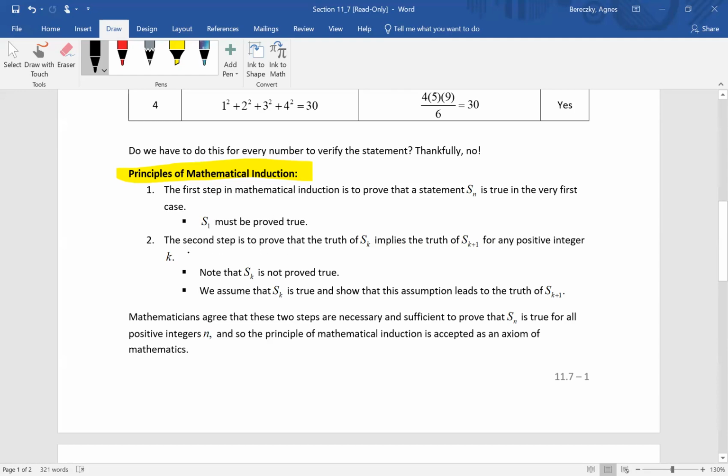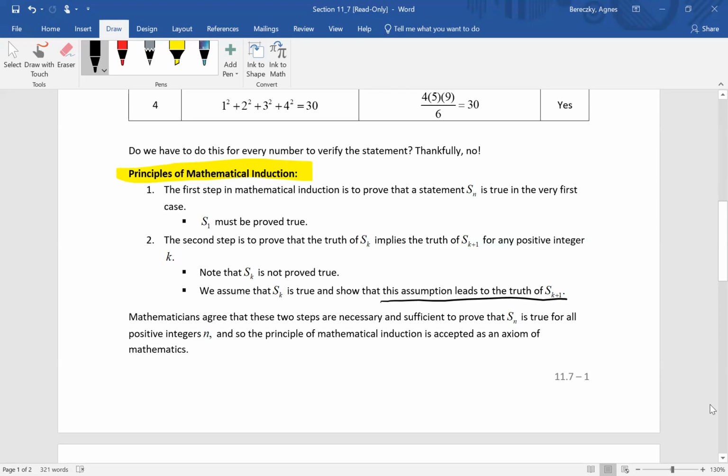That is true. The second step is to prove that the truth of Sk implies the truth of Sk plus 1 for any positive integer k. Note that Sk is not proved true. We assume that Sk is true and show that this assumption leads to the truth of Sk plus 1.